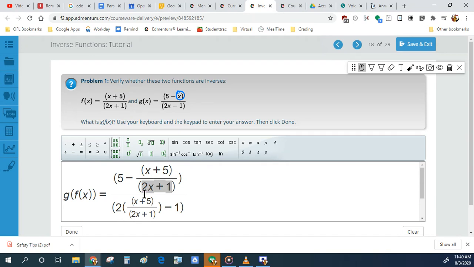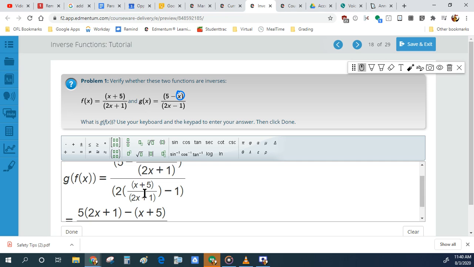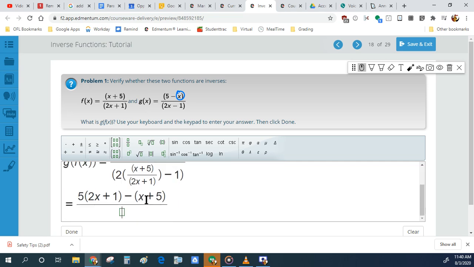Again, this is my denominator, and I'm going to subtract my numerator, so that's x plus 5, and this is going to be in parentheses, over my denominator, which is 2x plus 1.